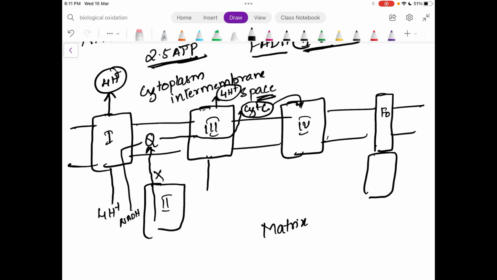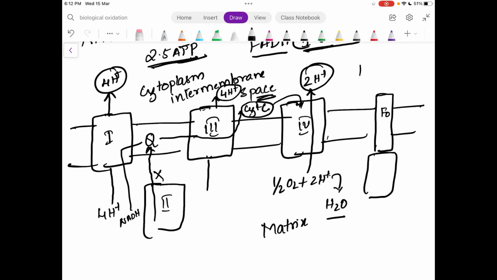For 2 electrons, you will shift only 2 H plus ions, and half O2 plus 2 H plus will give rise to H2O.